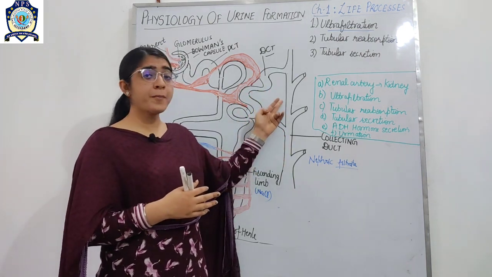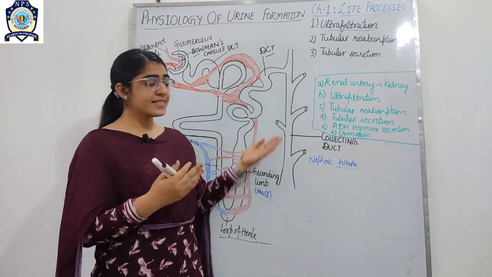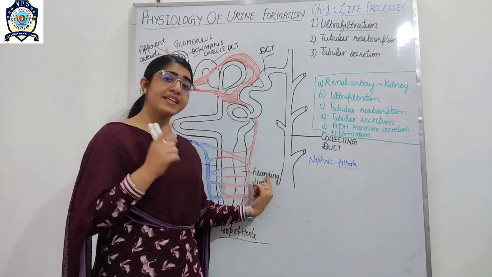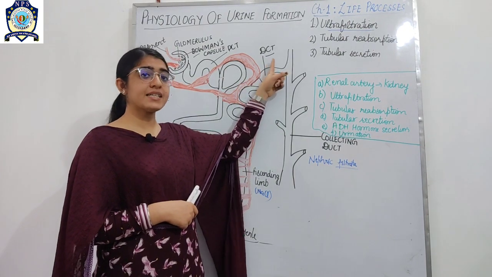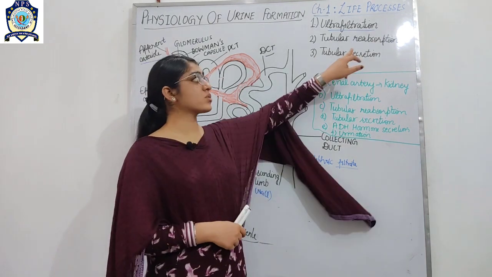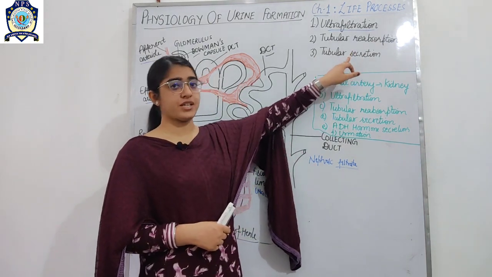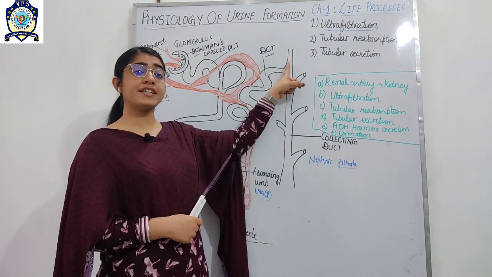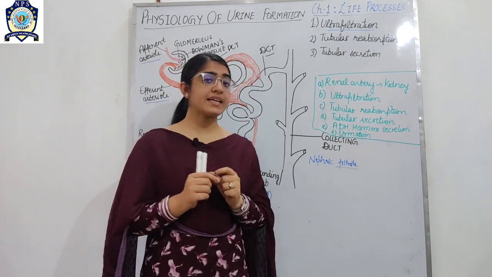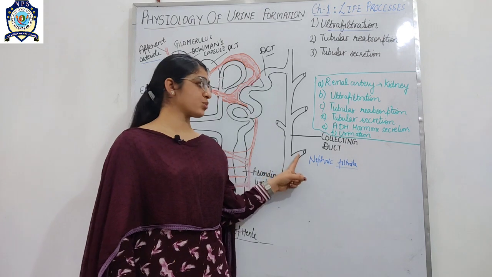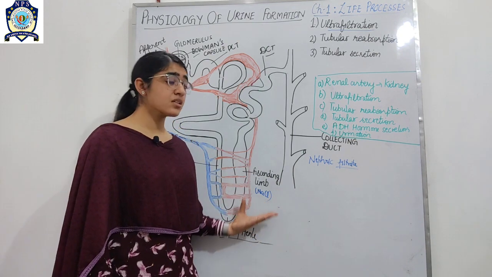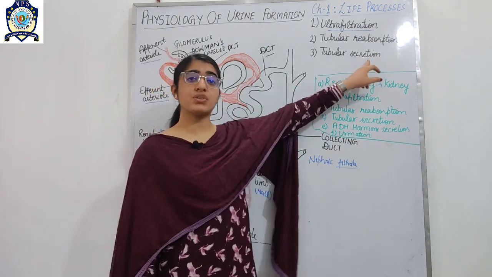The ascending and descending limb and the loop of Henle release their waste into the DCT, and this process of release of waste into the DCT is called tubular secretion. It occurs in the DCT, and finally the waste is accumulated in the form of urine in the collecting duct. So this was all about how urine is formed, and it is completed in three different steps.